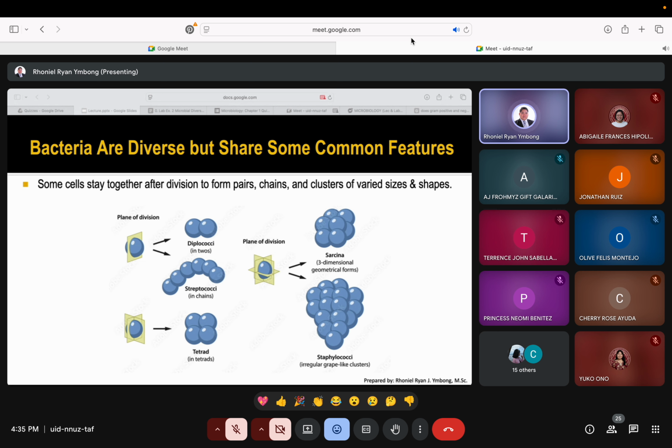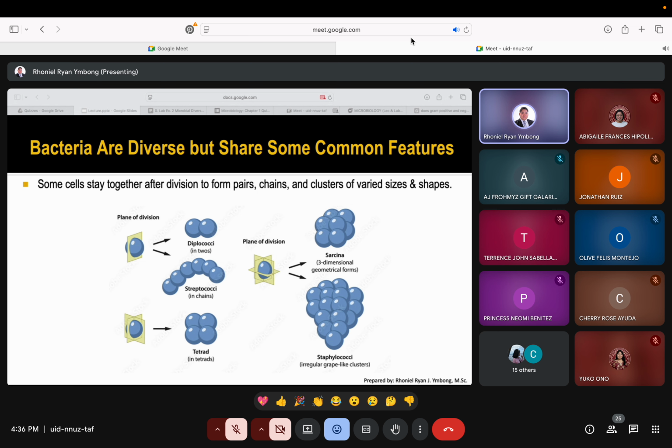So again, if you have two planes of division, then that could lead to your tetrad. And if you have three planes of division, then that could lead to the formation of sarcina, which is actually made up of 8 different bacterial cells. And of course, the staphylo, which is an aggregate of more than 8 bacterial cells, which are arranged randomly.